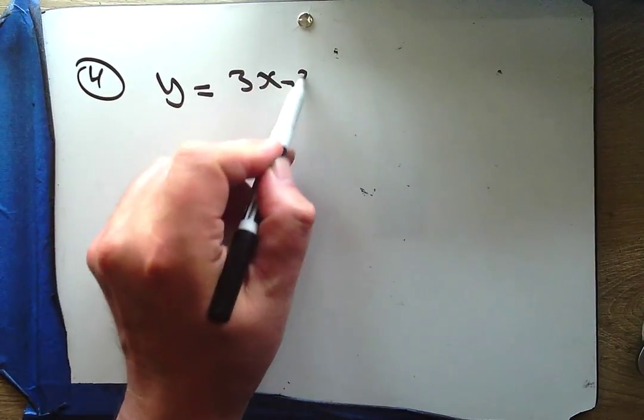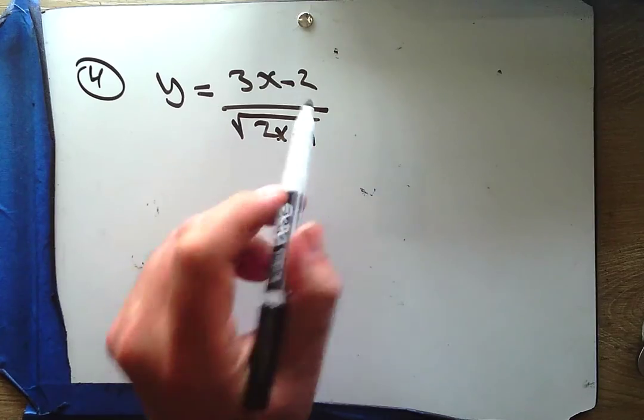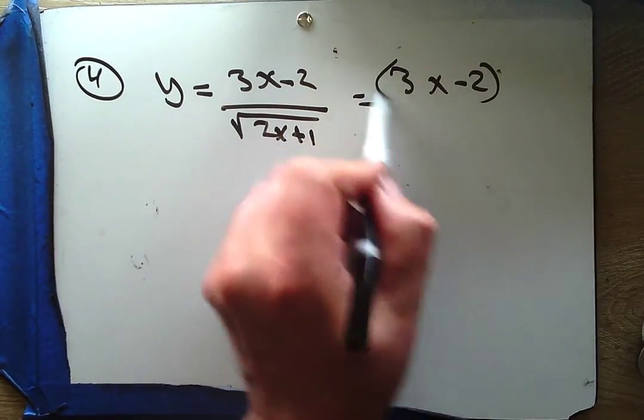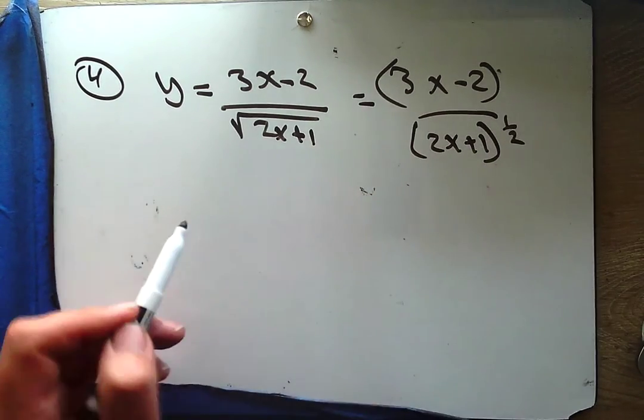I don't think I'm going to take the time to simplify things on this because there's already 66 problems to do. Number 4, y equals (3x - 2) over square root of 2x + 1. Okay, and it might be easier in your brain if you called that (2x + 1) to the 1 half.